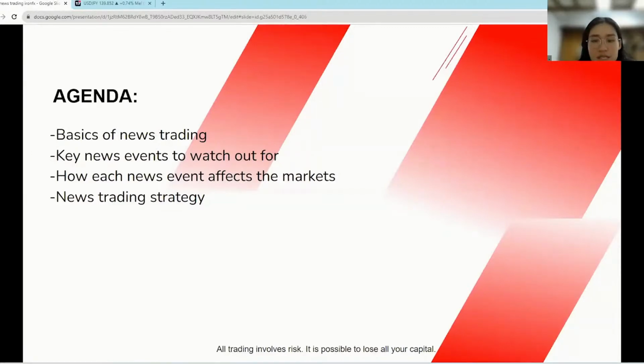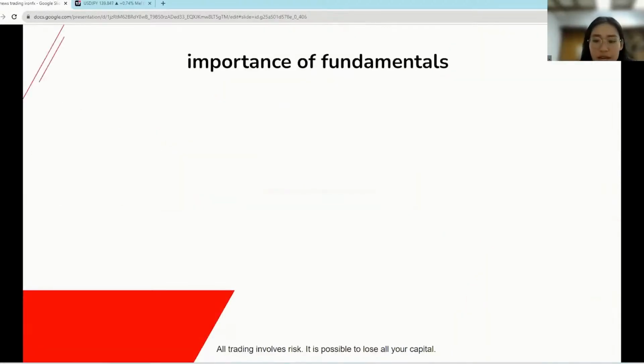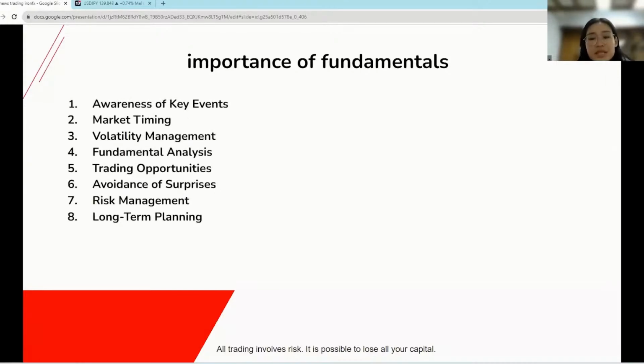Okay, let's get started. So firstly, we're going to be looking at the importance of fundamentals, along with the importance of trading the news. Firstly is the awareness of key events.